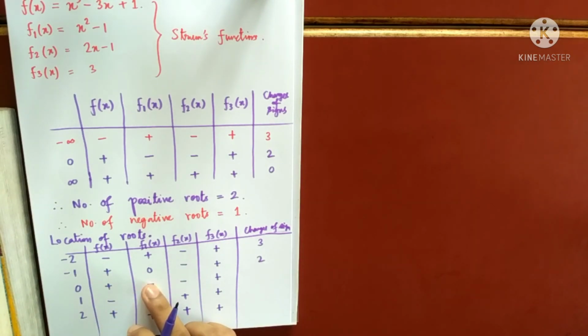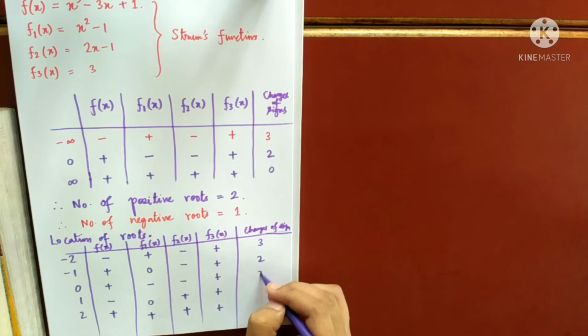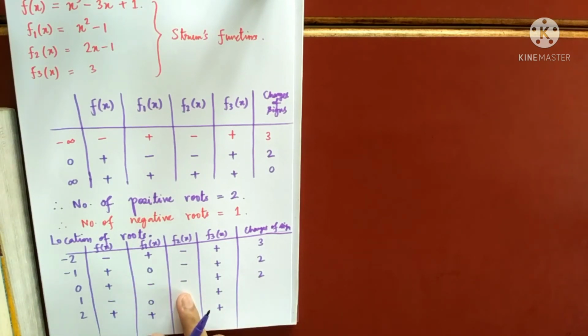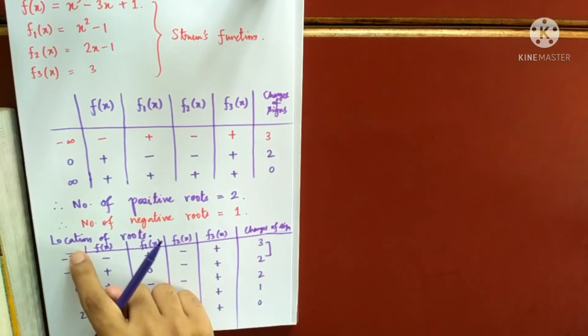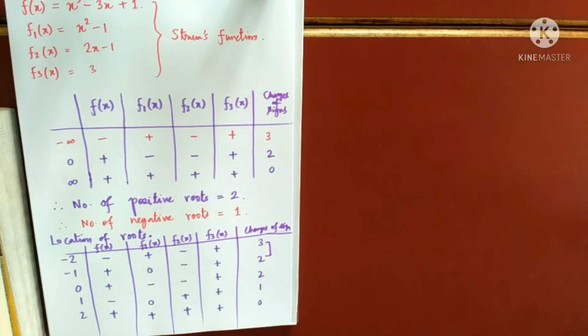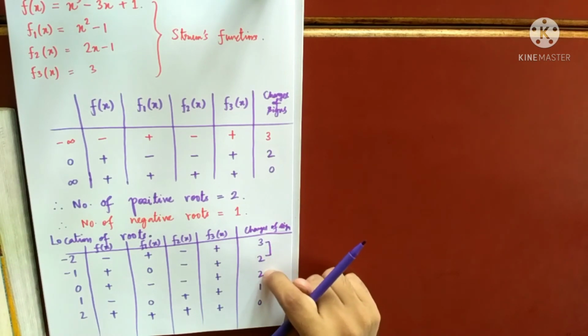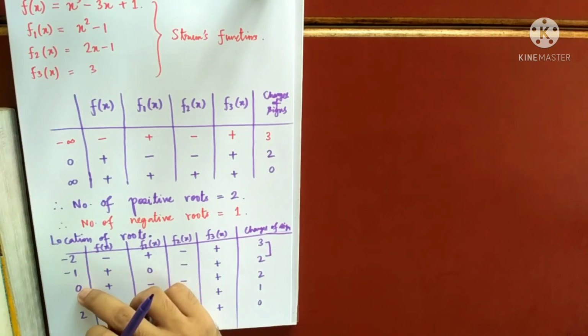1, 2. 1, no change, so 0. That means the difference is 1. That means there is a root lying between -2 and -1. There is no excess of sign, so there is no root lying between -1 and 0.